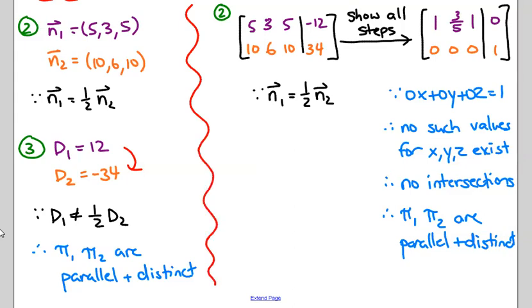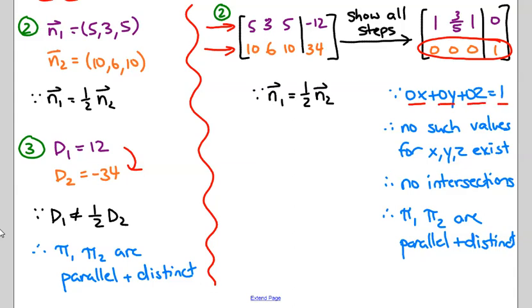Or I can use matrices. I can put each of the planes into rows of a matrix and row reduce into reduced row echelon form. And you'll notice after you show all the steps that something is going on right here: 0x, 0y, and 0z is equal to 1.